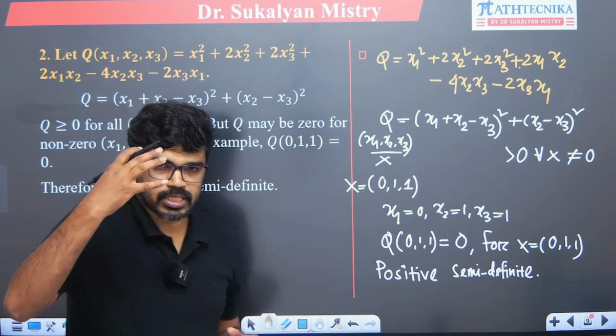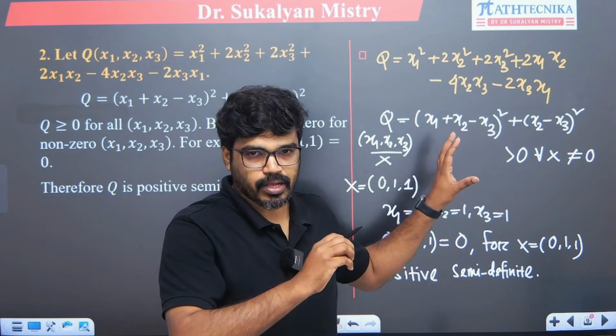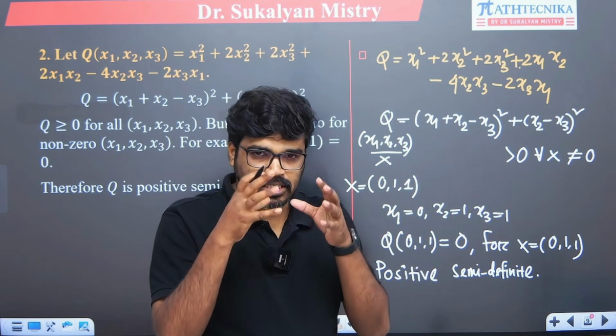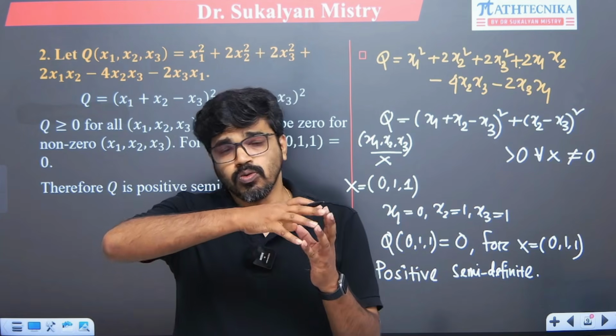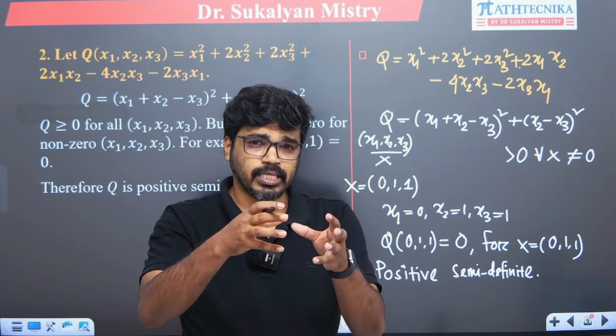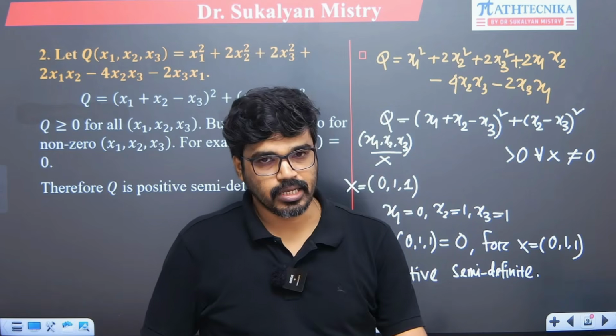So what is positive definite? If q is greater than 0 for all x, মানে এমন কোনো নন জিরো নাম্বার পাবো না যার জন্য q 0 হবে, ঠিক? যদি এমন কোনো নন জিরো নাম্বার পেয়ে যাই যার জন্য q 0 পেয়ে যাচ্ছি, তাহলে পজিটিভ সেমি ডেফিনিট হবে। ইজ ইট ক্লিয়ার?